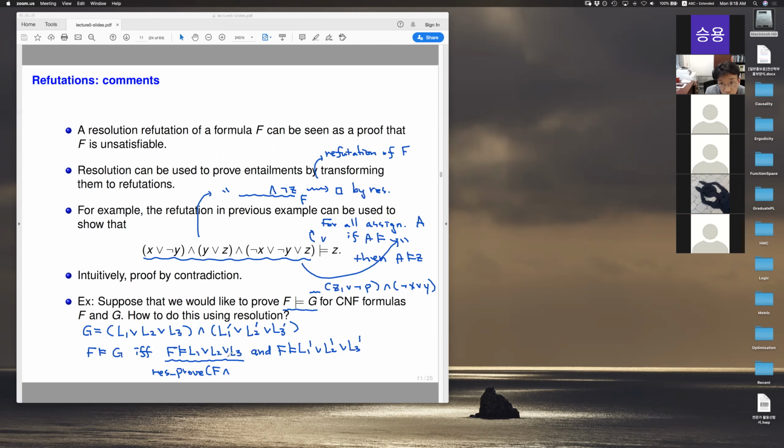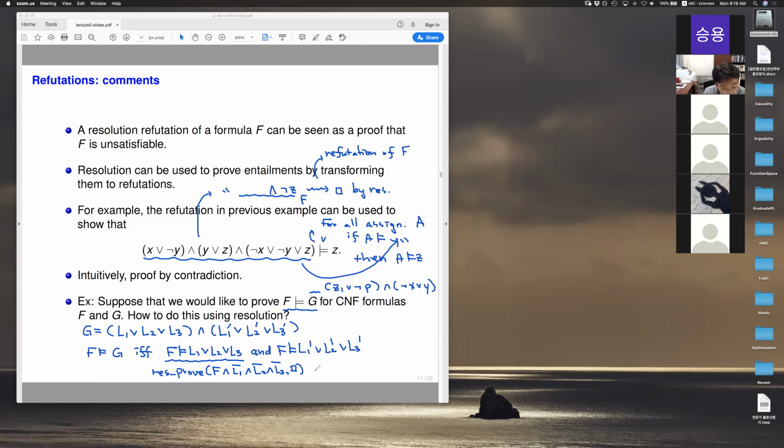A literal itself can be seen as a clause with only a single literal. So we can put them in by taking their negation: L1 bar, which is the negation of L1, and L2 bar and L3 bar, and then we check whether that leads to a contradiction or not.